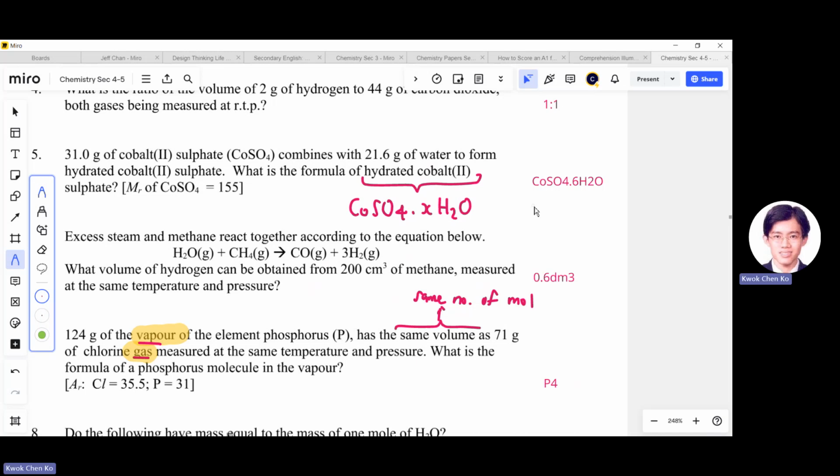Of course, reminder, chlorine formula is always Cl2. Don't put Cl. So your job is to find out what this formula is. It is Px, but you don't know what X is. Your question wants you to find out how many atoms join together to form one molecule of phosphorus.